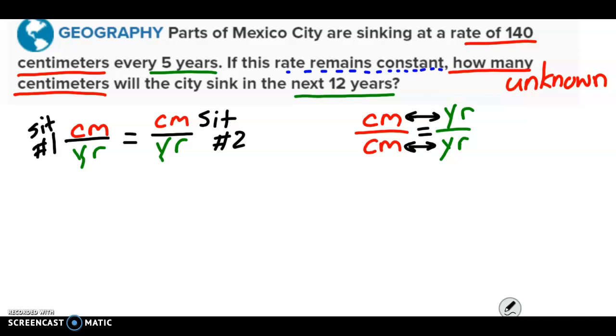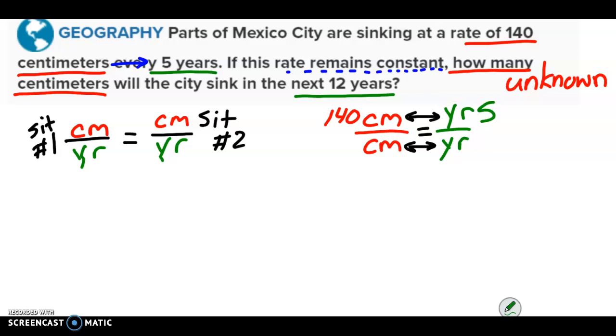So what I mean by that is if I'm going to put 140 centimeters up top, then the fact that it's paired with happening every 5 years, the top of the right side has to be the 5. Okay, so you can put both centimeters into one ratio on the left and leave the years on a ratio on the right, but you have to make sure that the top is one of those situations and the bottom is the other one.